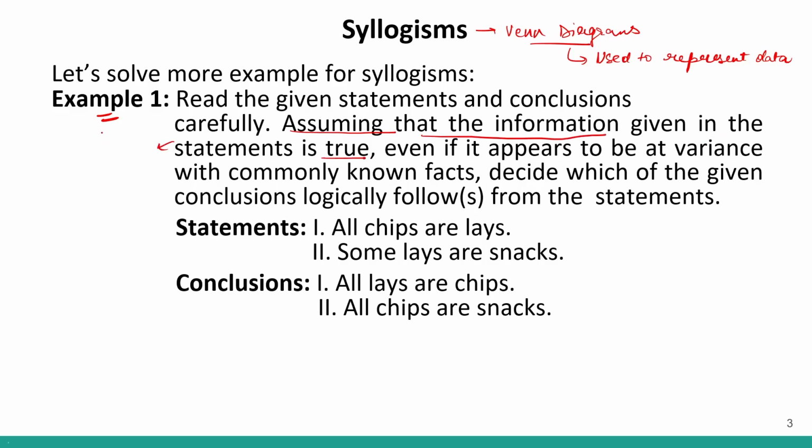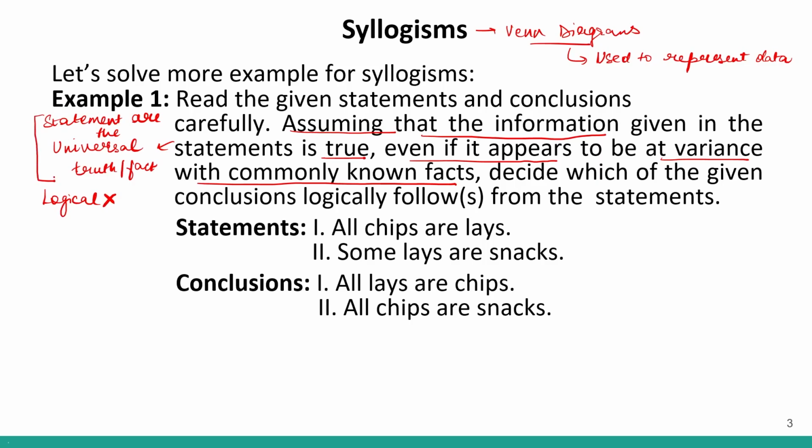Whenever we solve questions on syllogisms, we take the statements as universal truth, or universal fact, even if they appear to be at variance with commonly known facts. That means even if there is no common sense to the question, we still consider the statements to be universally true.